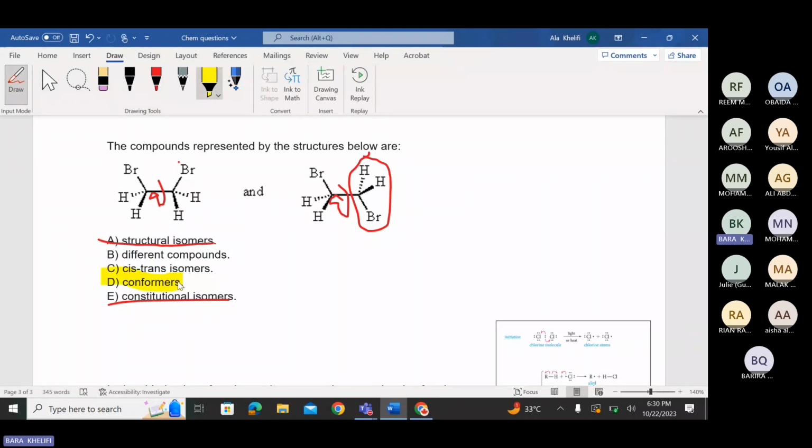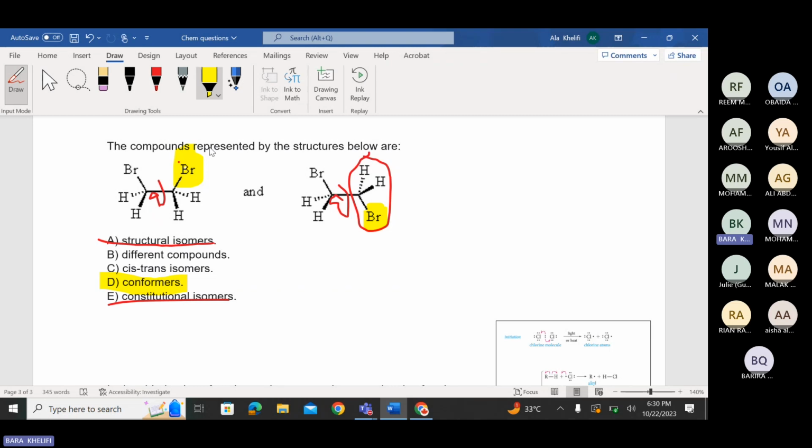And why is that? Because here we have one... Rotation. Yes, we have rotation. We're rotating, for example, this Br goes downwards, and we didn't change the molecular structure or anything. It's just the spatial arrangement, and that's what conformers are known for, changing the spatial arrangement.